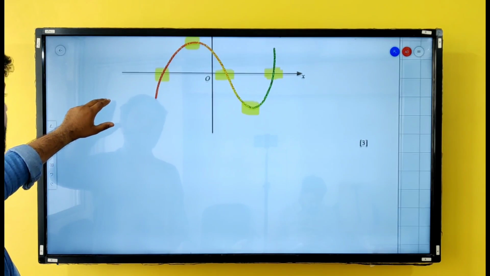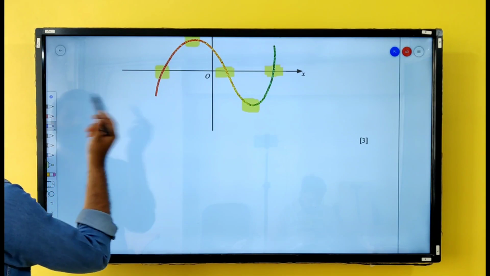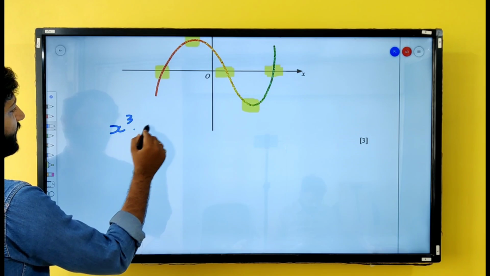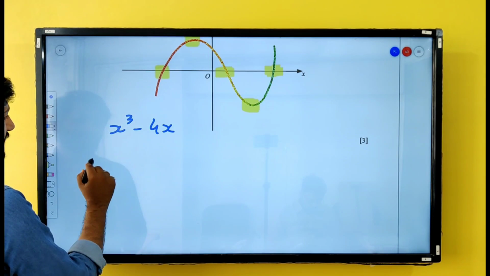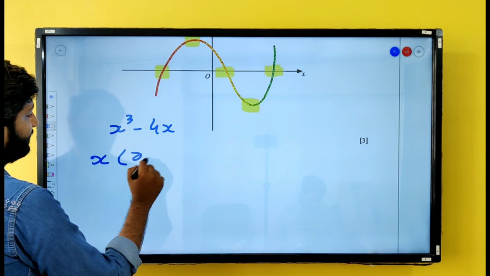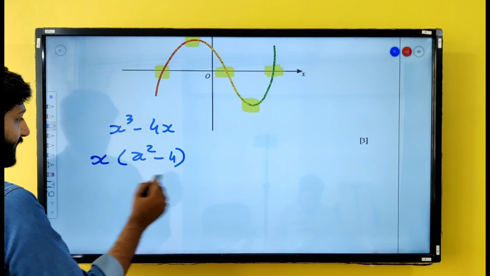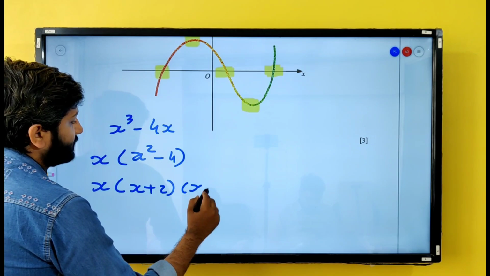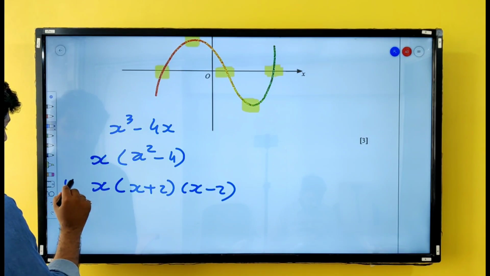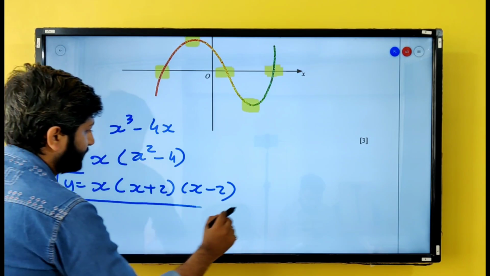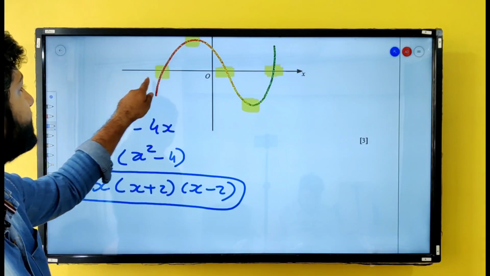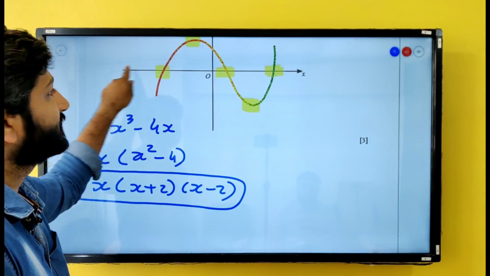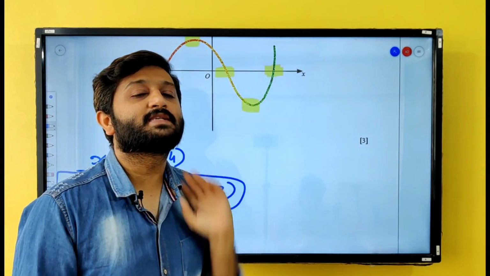The equation is y equals x cube minus 4x. So from here I can take x common. I have x times x square minus 4. I can write this as x times x plus 2 times x minus 2. This is my equation. y equals x, x plus 2, x minus 2. Now see guys, this is the point where the graph crosses the x-axis. It means y is 0.